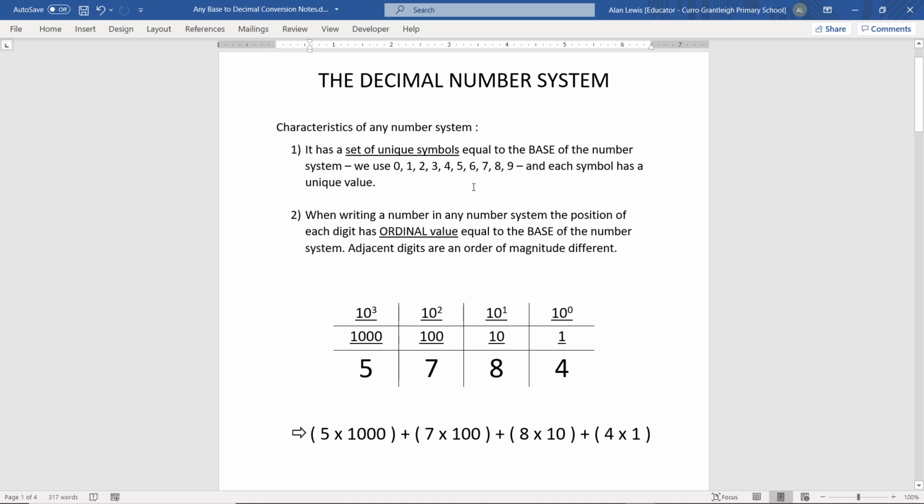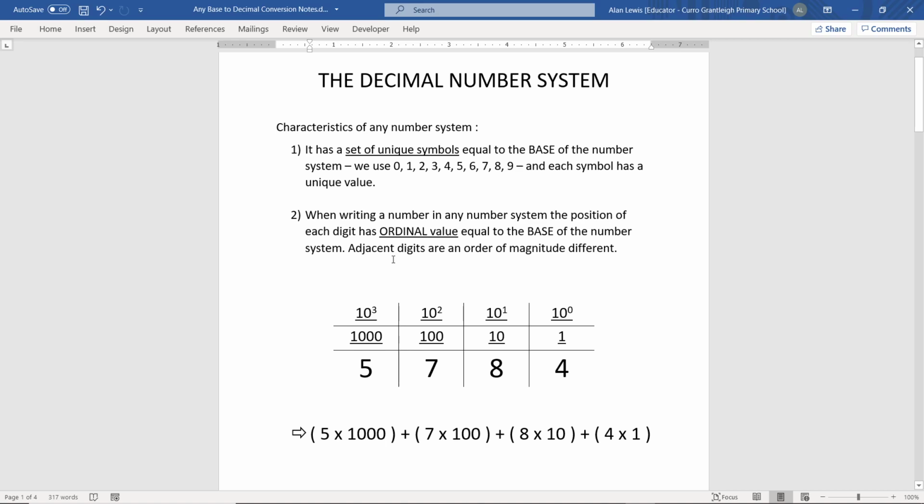What is the second characteristic of any number system? Is that when you write a number, the adjacent digits, the digits that are next to each other, have different value. We call it ordinal value.